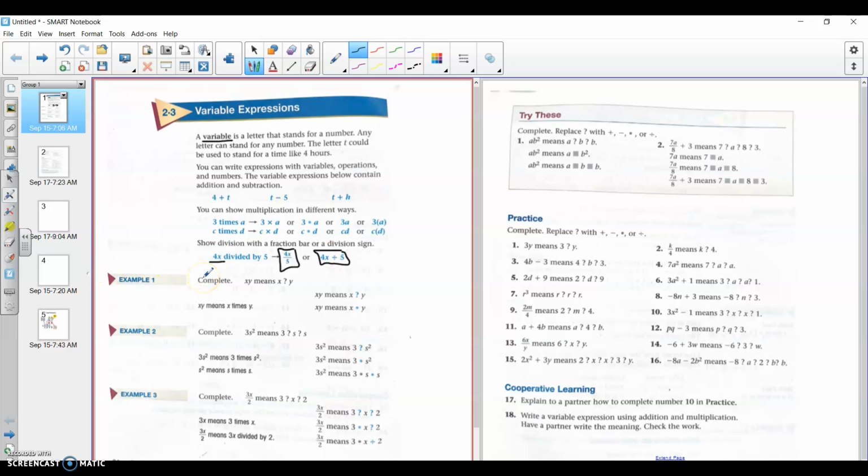Example number 1, complete. XY means X, Y, and notice in the middle there's a question mark. They want you to replace it. Down here, XY means X times Y. So instead of putting the question mark in, you actually just need to put in the dot. Up here we showed you several ways.